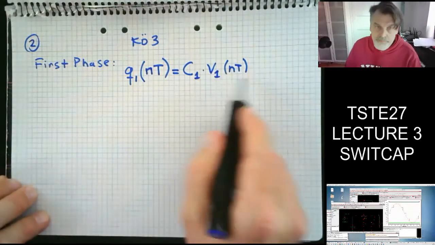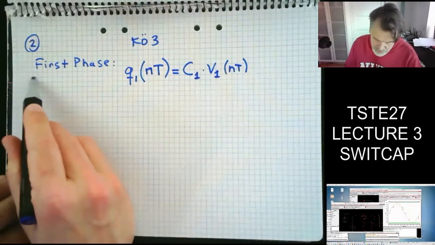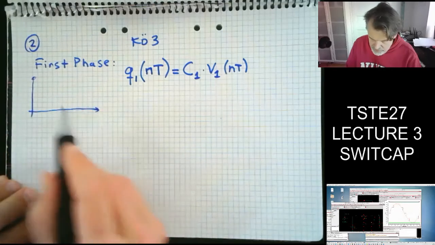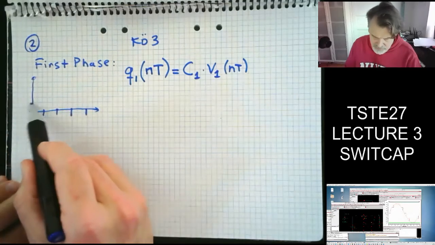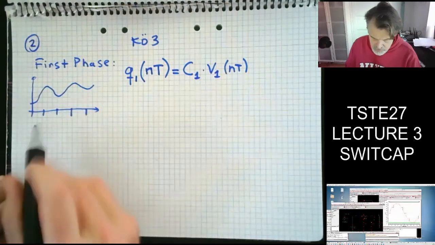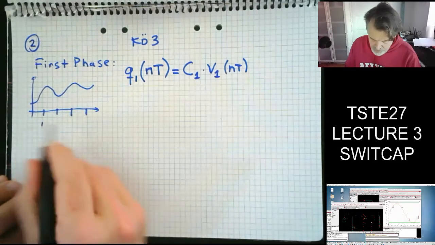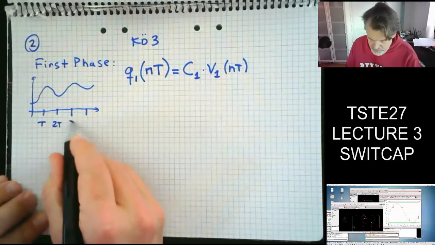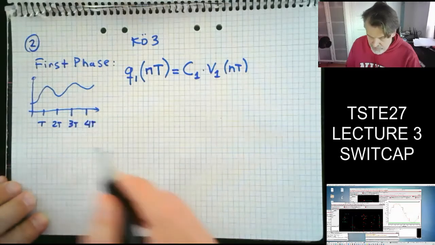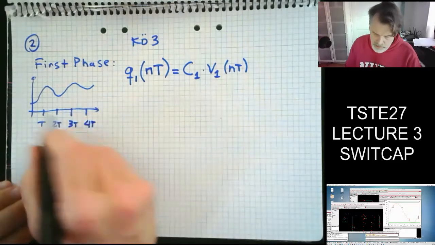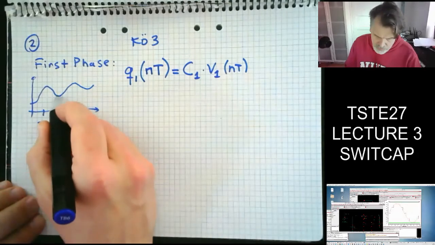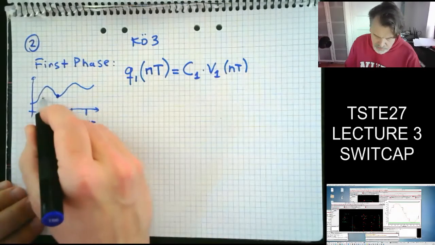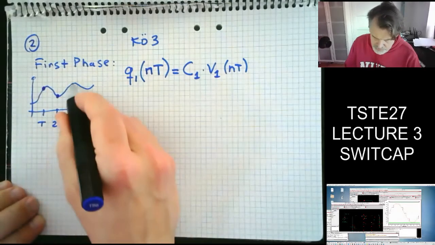Okay, so one could think of this as a sampled, or at least a time domain, signal like this, and then we have a signal varying. And then I have 1T, 2T, 3T, and so on. This system is going to capture the voltage right at the end of that period, so at these points.